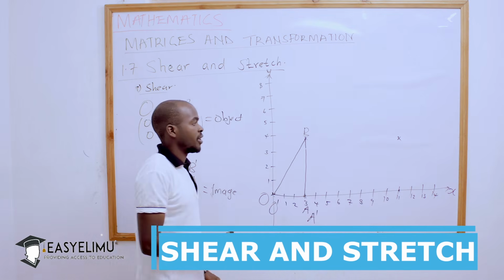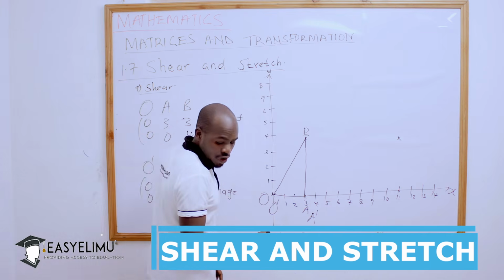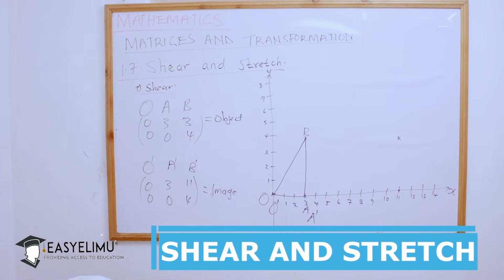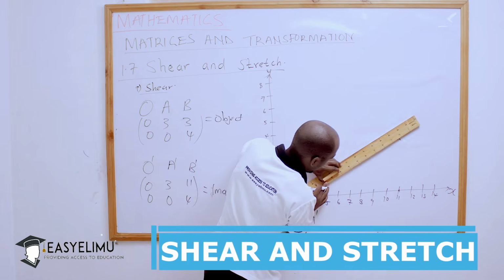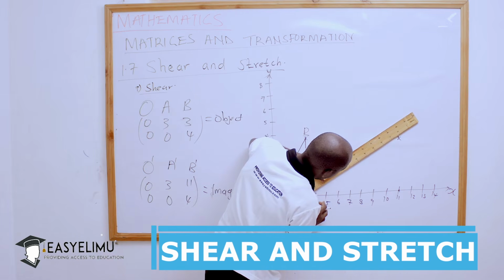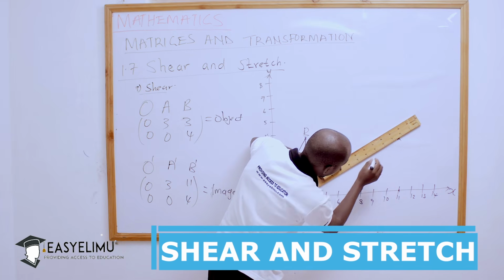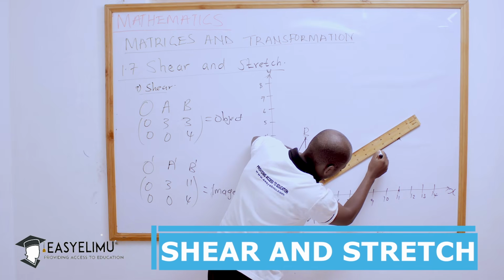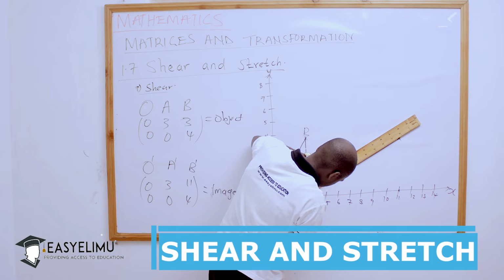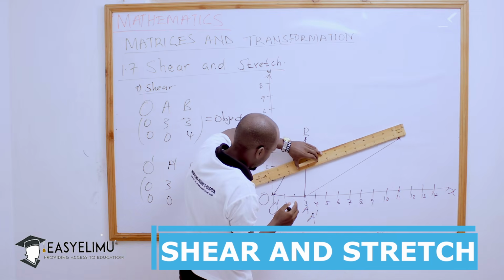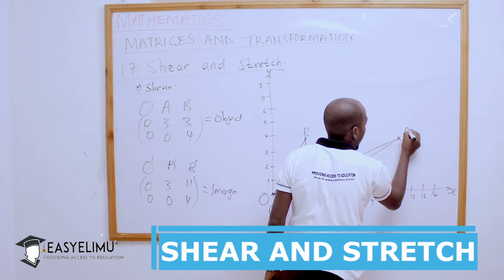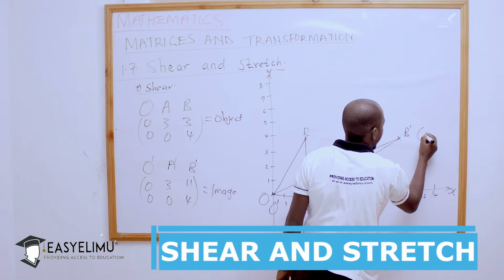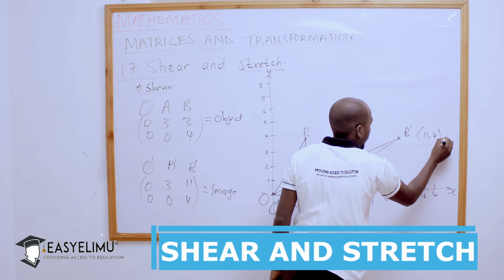It is at that point. So if we draw that triangle, you will find out that this is now our B prime with the coordinates 11, 4.